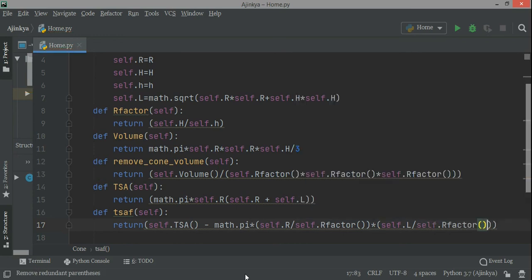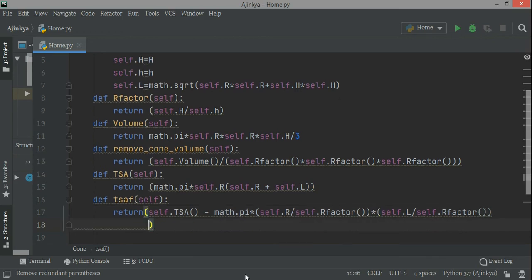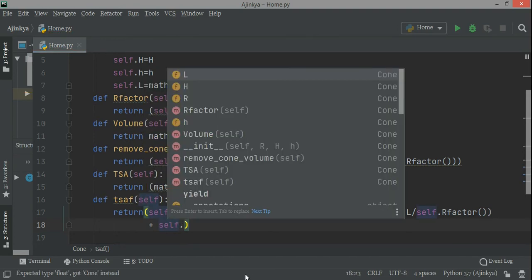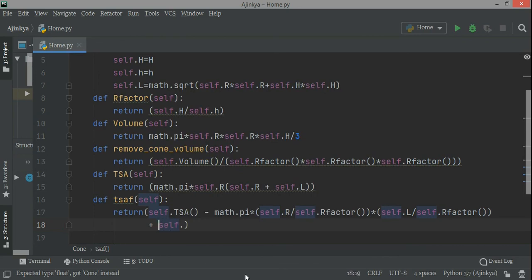But for now, theoretically, the total surface area of the frustum, because it has two ends, both circular, is pi r square and the other also pi r square, and the lateral surface area, which is also called curved surface area, from that the curved area of the smaller cone has been removed.